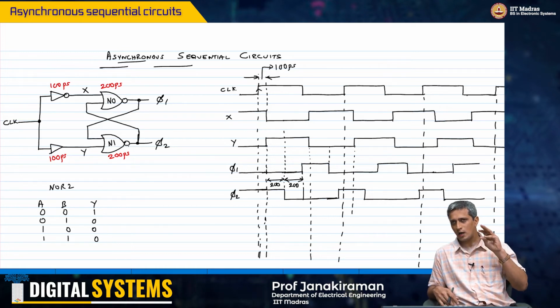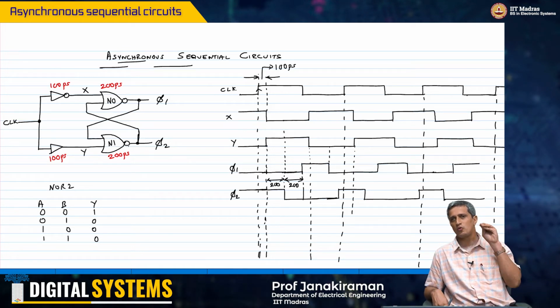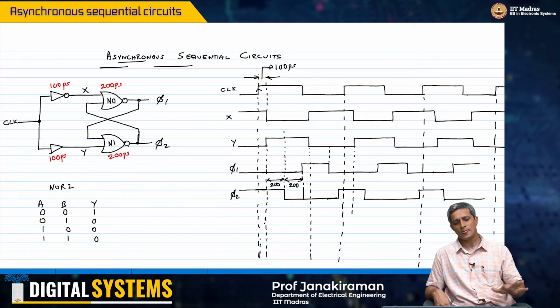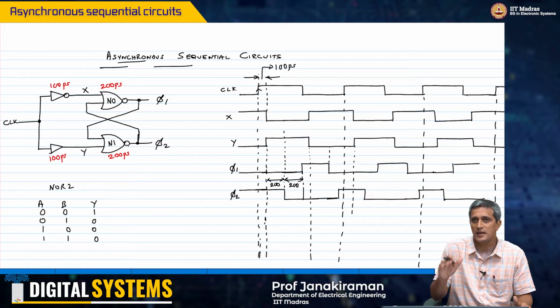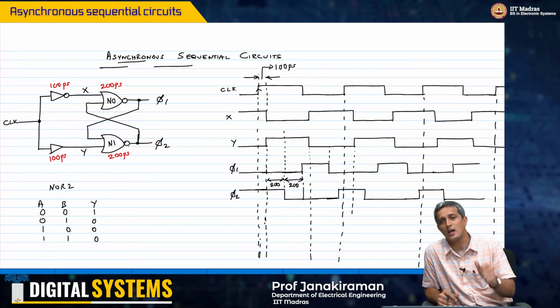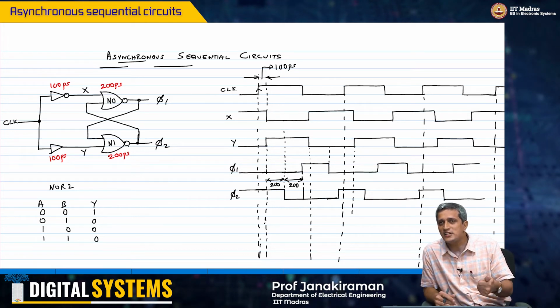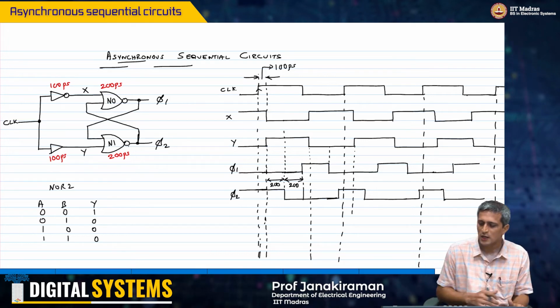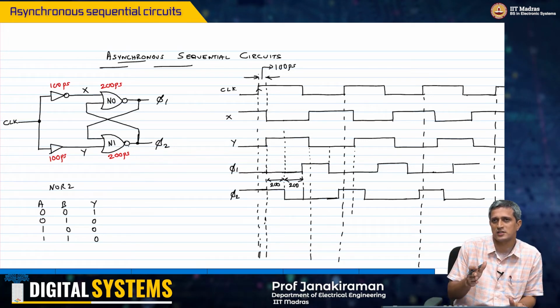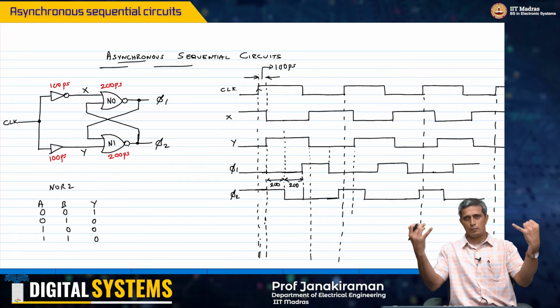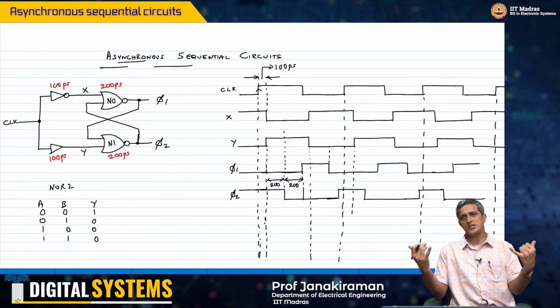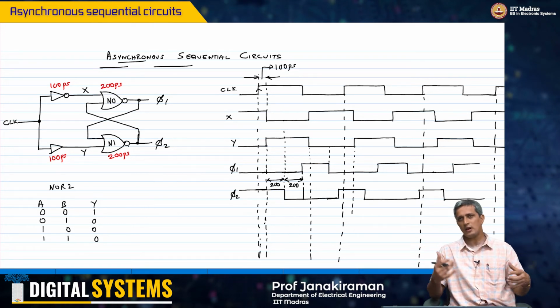It is generally advisable to work with synchronous sequential circuits rather than asynchronous sequential circuits because they are way more robust and easier to design, right? Another application of asynchronous sequential circuits is when you have two blocks operating at different clock frequencies and you want to send signals from one to the other.